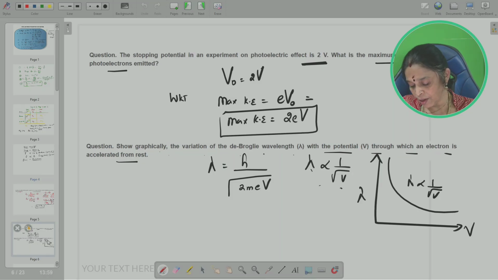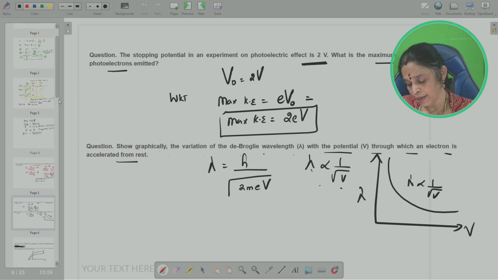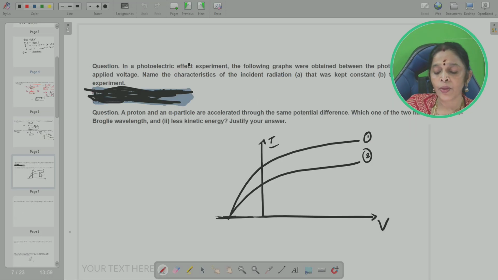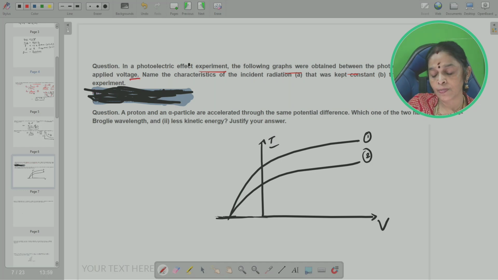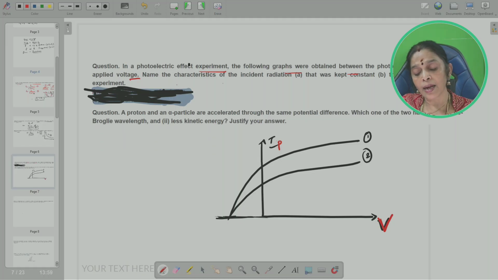So, children, can we go to the next question? Yes, it will be very easy. In a photoelectric effect experiment, the following graphs were obtained between the photoelectric current and the applied voltage. Name the characteristics of the incident radiation that were kept constant and that were variable.